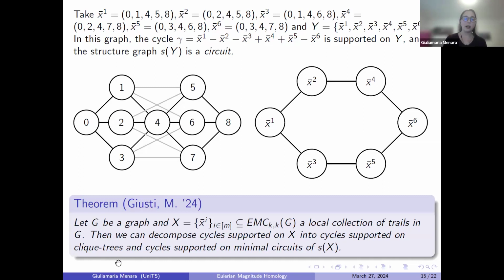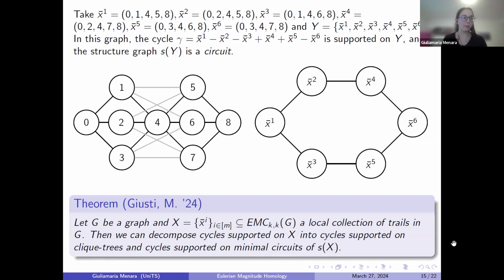So if you pick a graph and a collection and a local collection of trails in the Eulerian matrix chain, then we can decompose matrix homology cycles generated by trails in X into cycles supported on clique trees and circuits in the structure graph.